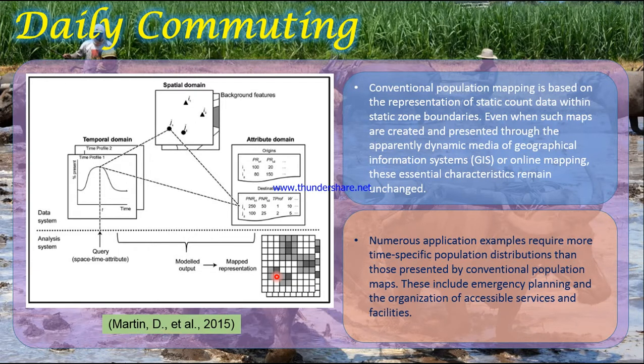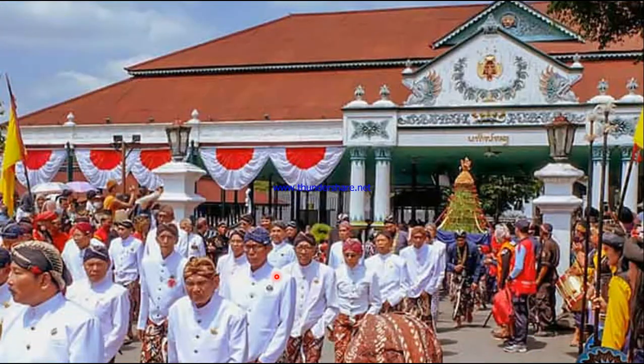Numerous application examples require more time-specific population distribution than those presented by conventional population maps. These include emergency planning and the organization of accessibility, service, and facilities. For more detail again, please check this graph out.